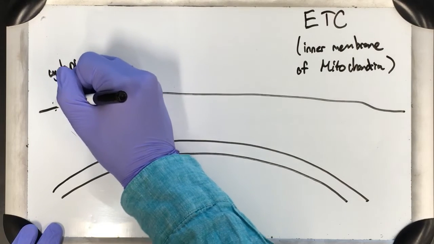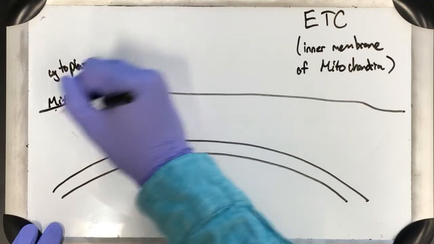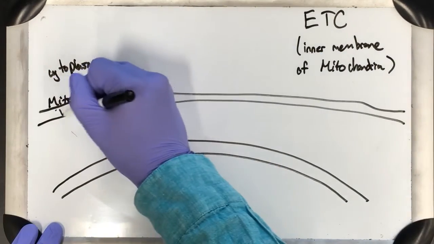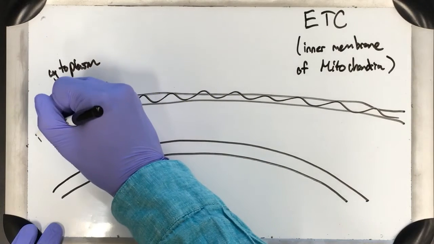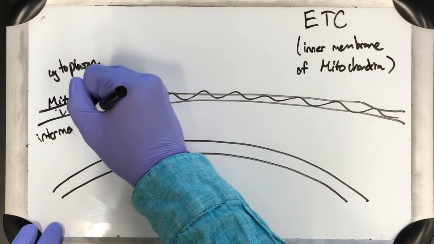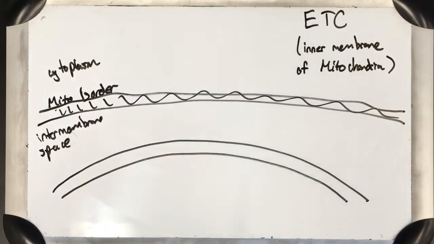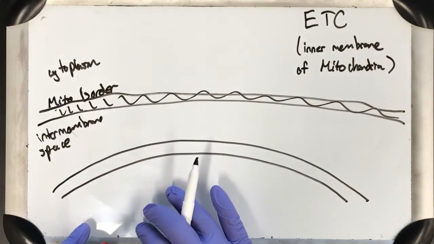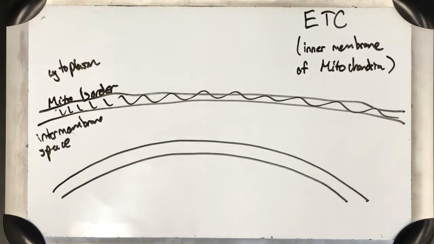Here's the mitochondrial border. Remember, these are just plasma membranes. And here's that intermembrane space. All that we want to do here is transport as much and make a gradient of those H+ ions as we can.